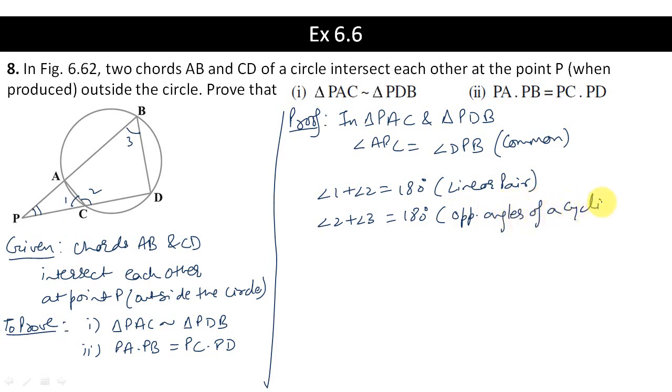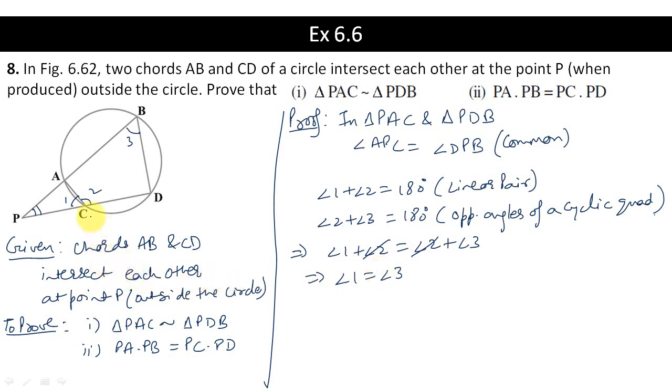So 1 plus 2 is also 180, 2 plus 3 is also 180. So you will get angle 1 plus angle 2 is equal to angle 2 plus angle 3. Angle 2 and angle 2 will get cancelled out, so you will get angle 1 is equal to angle 3.